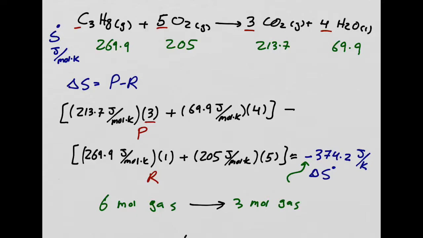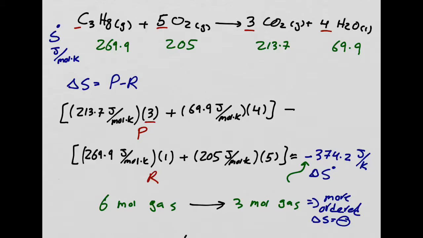I have more gas here, and gases are disordered. I have less gas here. So what did it become? It became more ordered, right? If it becomes more ordered, the delta S is negative.